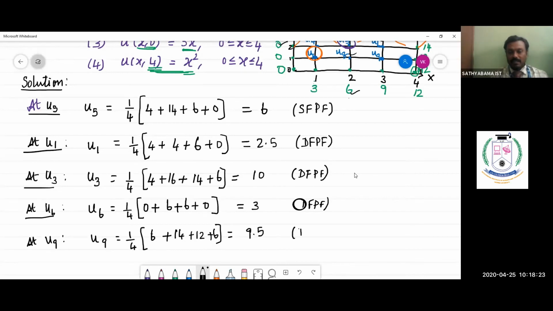This again by applying the diagonal 5-point formula.